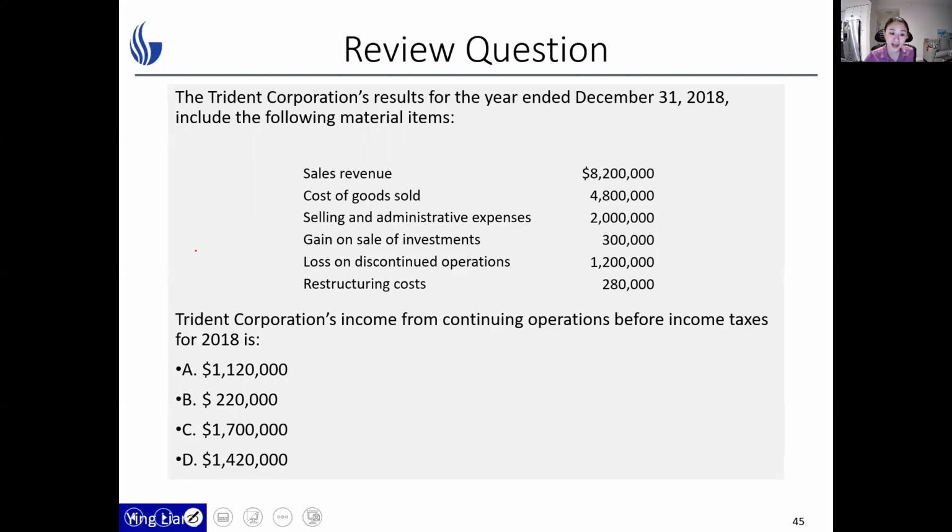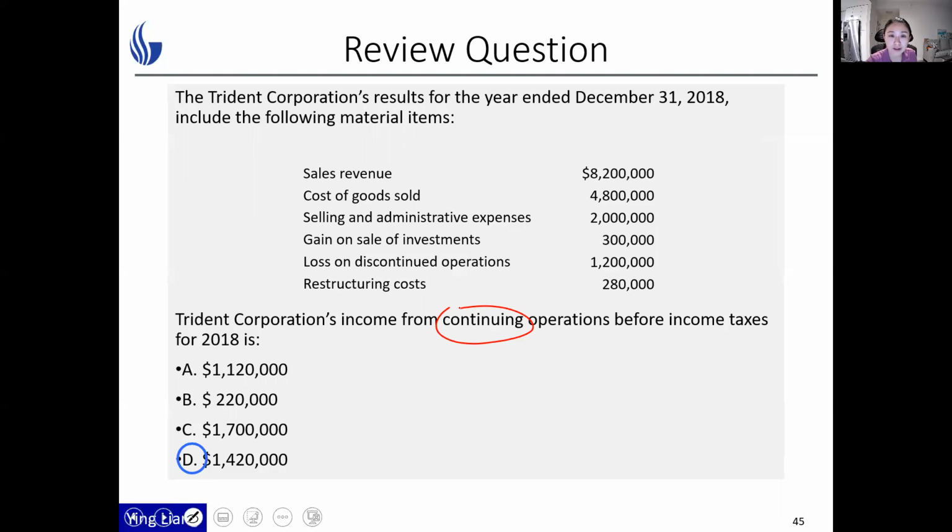And then the question asks the company's income from continuing operations before income taxes is, the answer is D. If you did it right, you must know that the question asks for continuing operations. So what we need to do is to separate what is continuing, what is not. And then we pick those belonging to continuing operations and calculate the net.